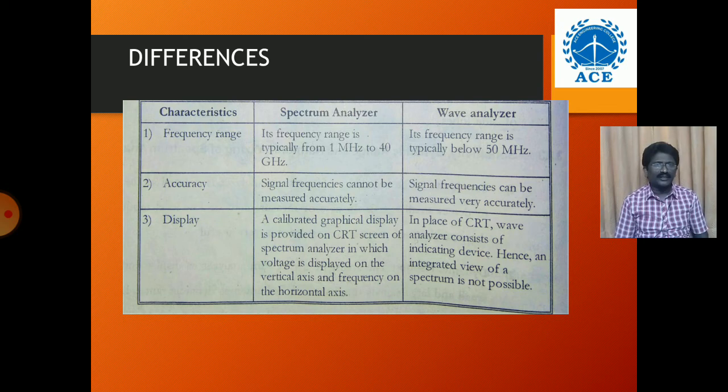With the help of detectors, we can find voltage values. So with the help of wave analyzer we cannot get any spectrum. That is the reason spectrum is not possible. Okay, these are the differences between spectrum analyzer and wave analyzer.